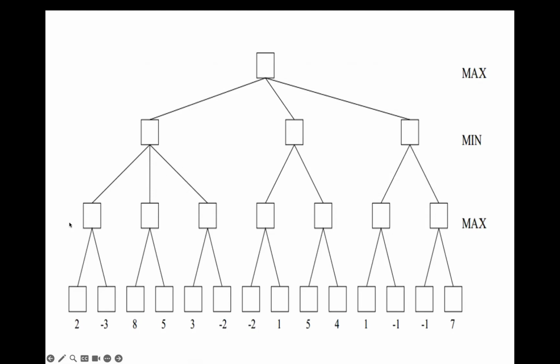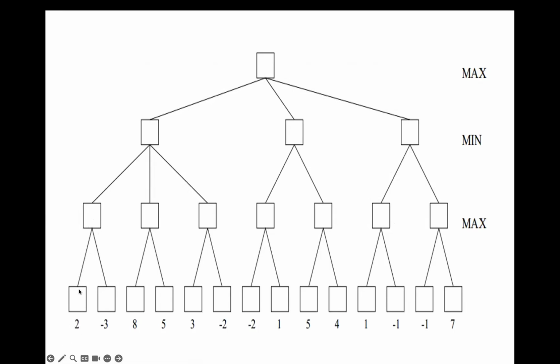So here, we're going to look at the alpha value, and we said alpha value is the highest value we have seen so far. With depth first search, remember, we are going to go with the leftmost branch until we get to the end. So when we get to the end, we have seen a 2.